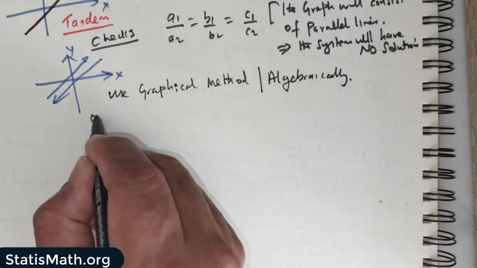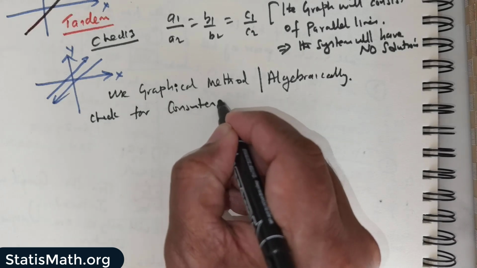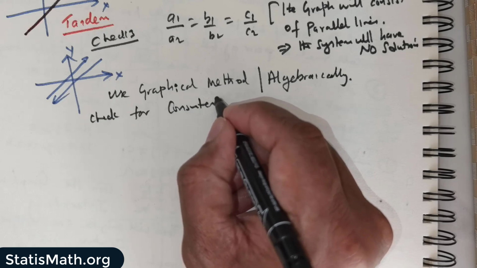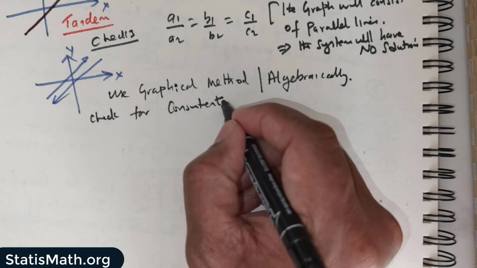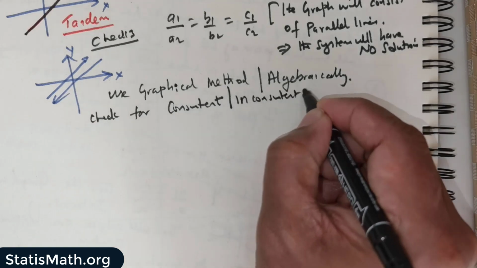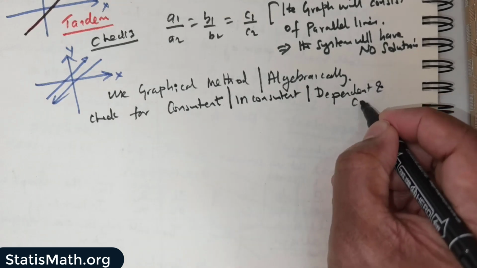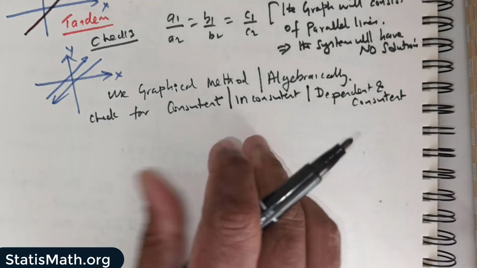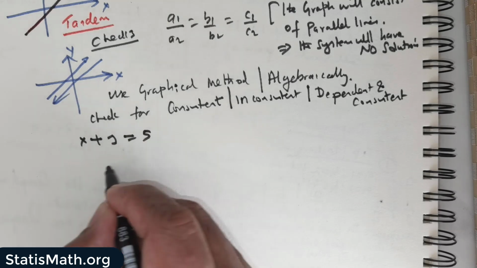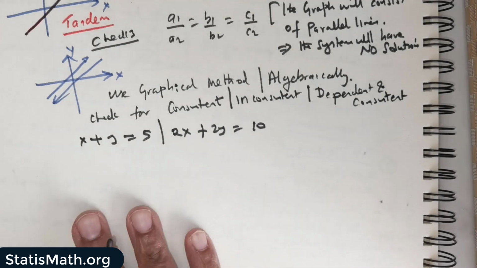You are given: check for consistency. So this is the question. Question 1: x + y = 5, and the other equation is 2x + 2y = 10.